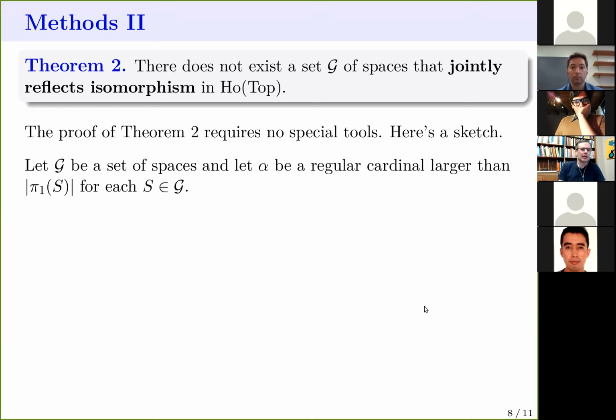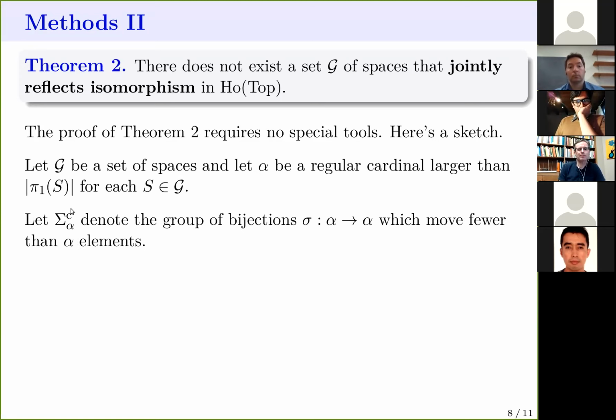Okay. So given the set of spaces that you provide, I take a regular cardinal larger than all of the homotopy groups of all of those spaces. And I'm going to work with the following group. I'm taking the symmetric group on the set alpha. So alpha is this really large cardinal. I take all the bijections of that cardinal with itself.